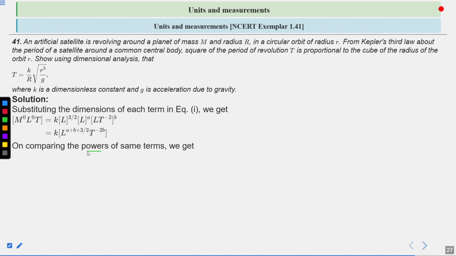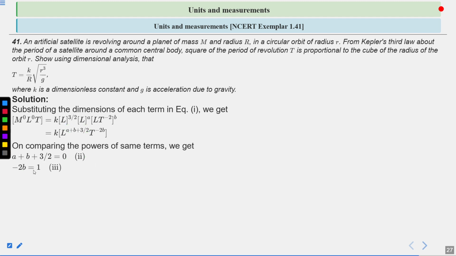Next we compare the powers of the LHS and RHS terms. Comparing the power of M with the power of M on the RHS side, we get A plus B plus 3 by 2 is equal to 0, and let this be equation second.